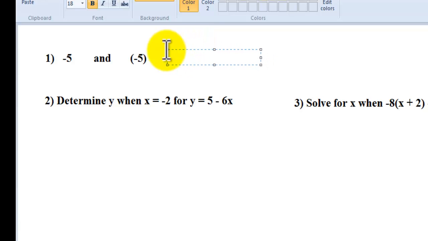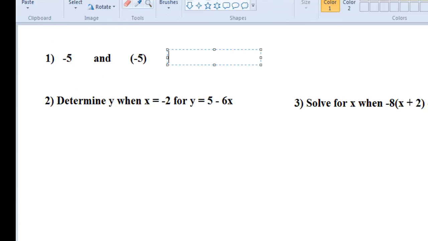Anyway, the difference between negative 5 squared, I don't have the squared there, and negative 5 in parentheses squared is that you have to think of this one here, negative 5 squared, as the opposite of 5 squared.